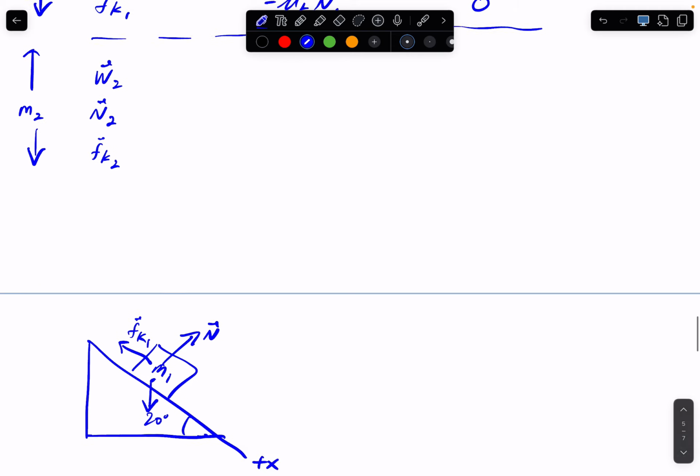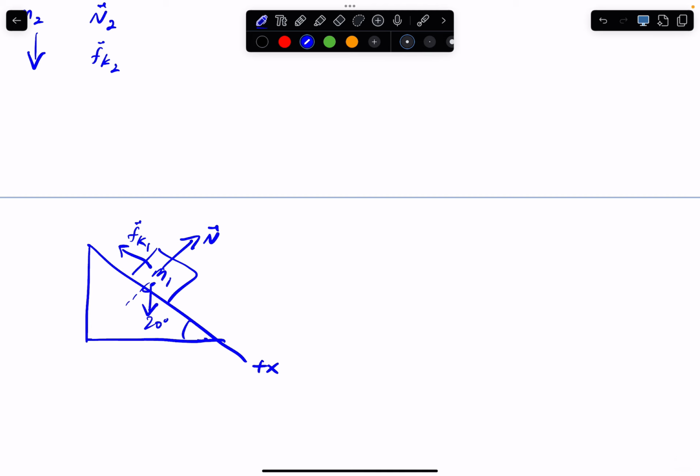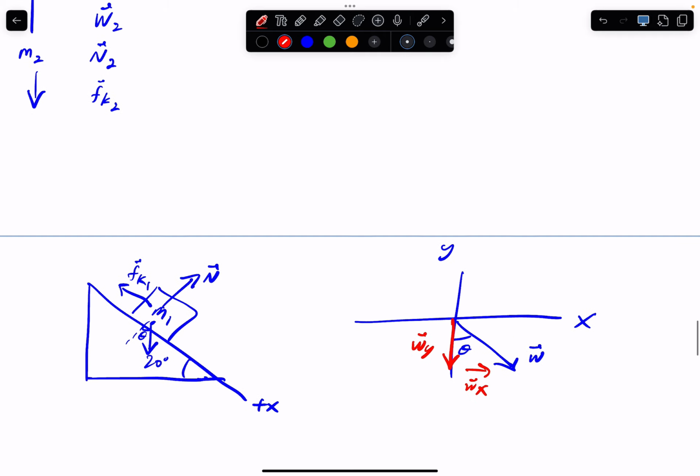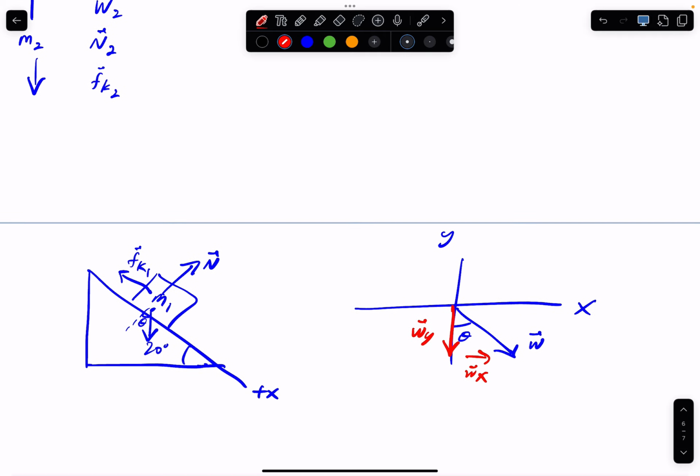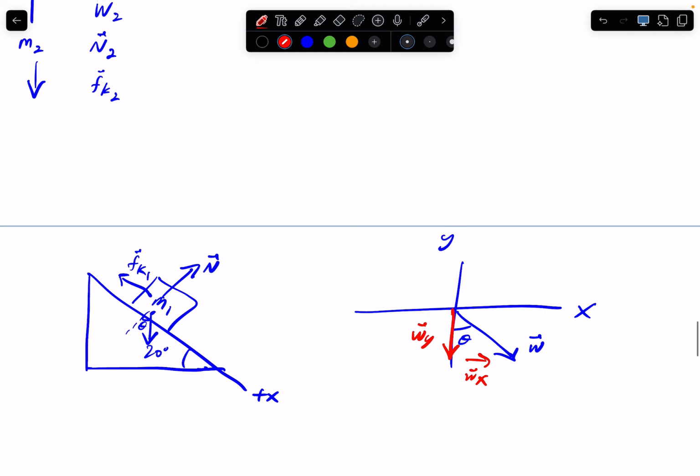The weight, that's this angle over here. Let me redraw it. Like this. Here's WY and here's WX. What goes in the X and what goes in the Y? So what's the X component of the weight vector in this rotated coordinate system? Sine, right?